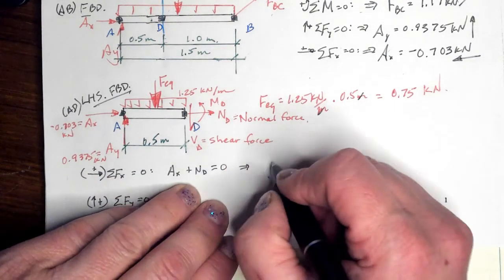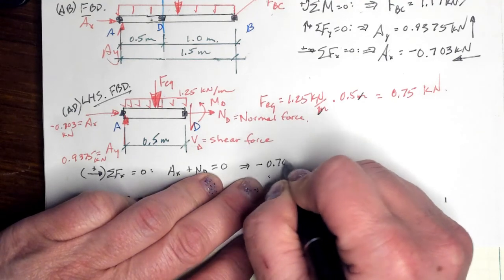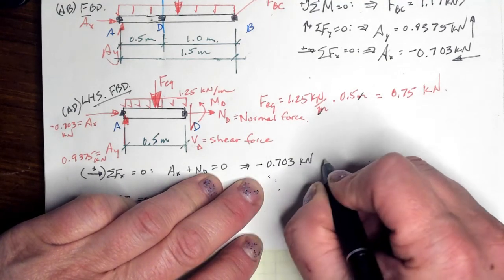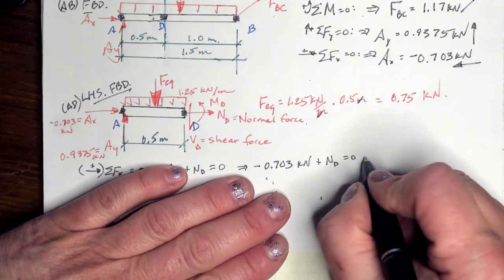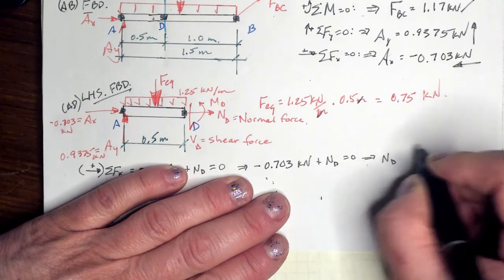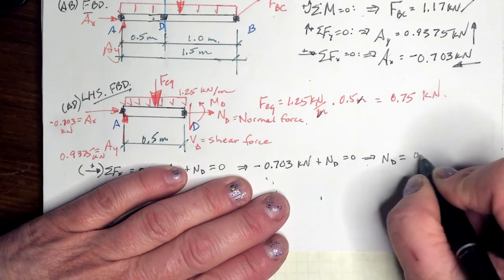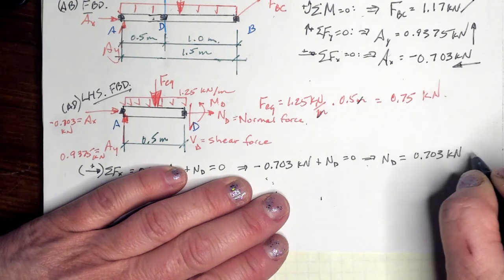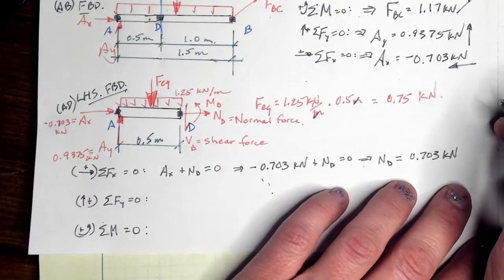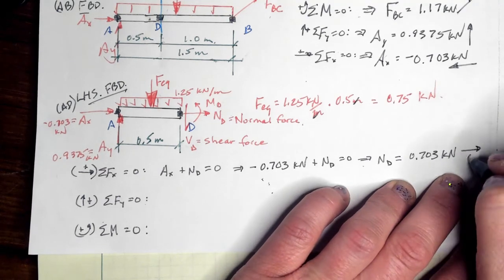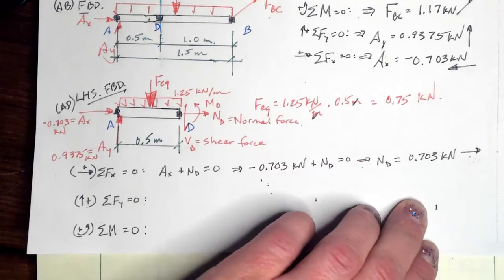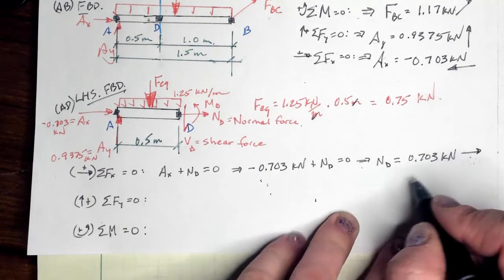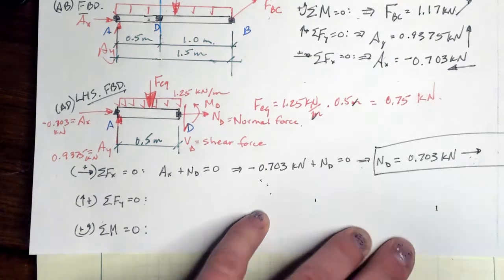In which case, this becomes minus 0.703 kilonewtons plus the normal force is 0. And so we end up with the normal force being 0.703 kilonewtons in that direction, right? It's in tension. Well, let's not say tension because it's not a two-force member. Well, anyway, we'll go with that.